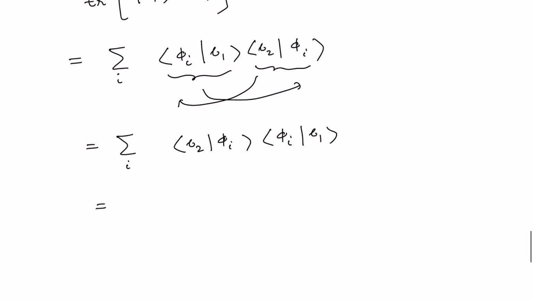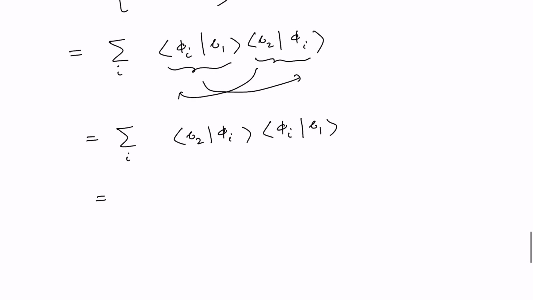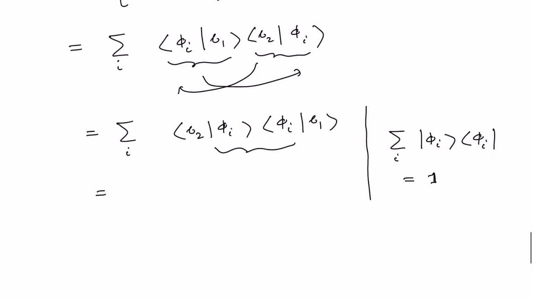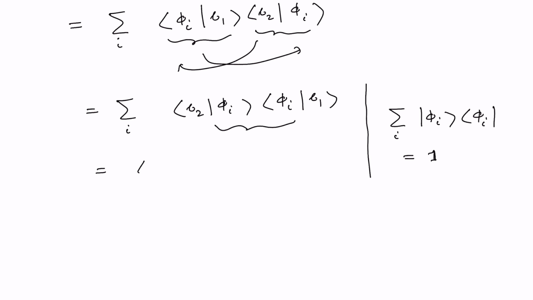Now if you apply the so-called orthonormality completeness condition, in fact, you know that sum over I ket phi I bra phi I is identity. So as you can see, this is identity, so we'll be left with only bra B2 ket B1, which is just a number, a scalar product.